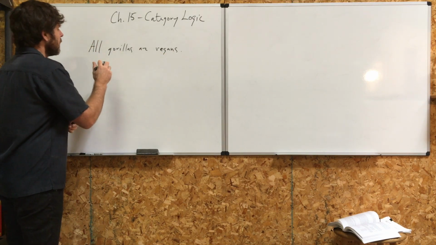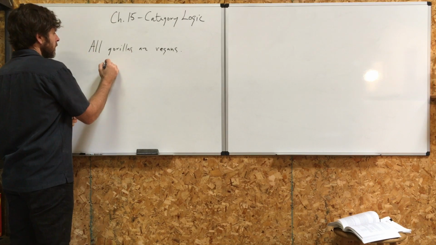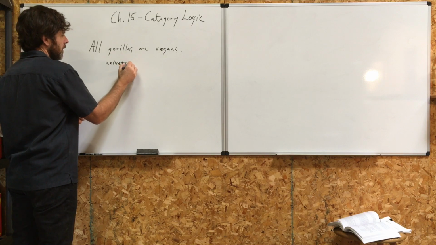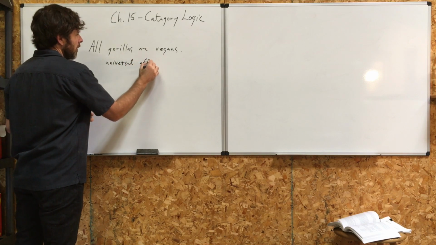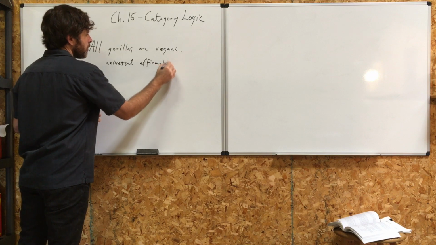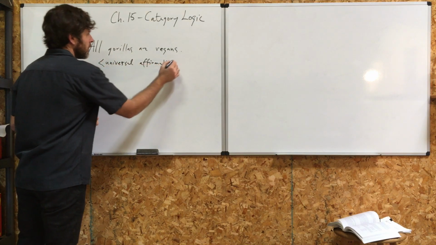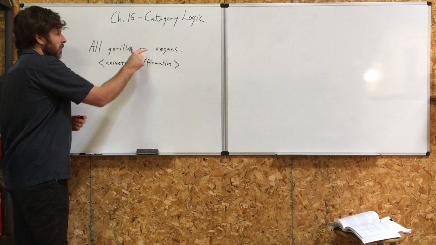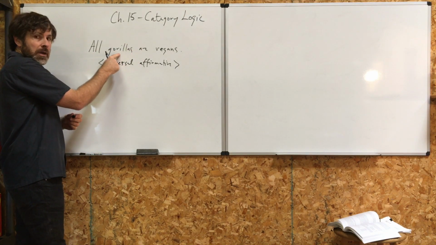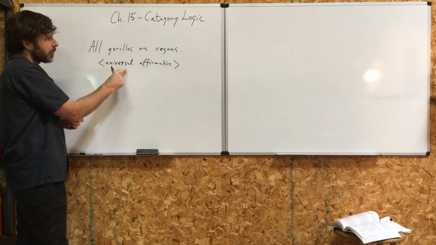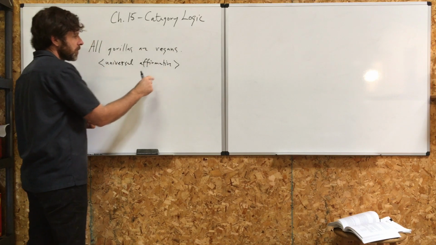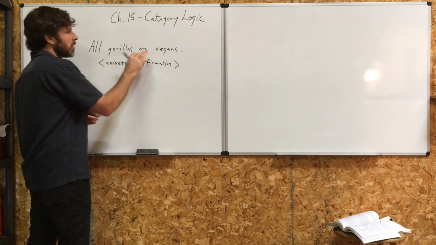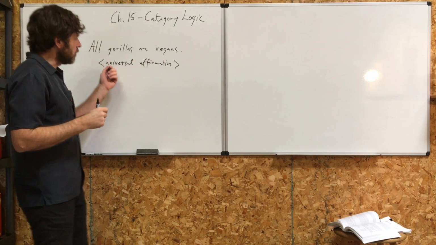All right. Aristotle calls this, and I mean, this makes sense, it is a universal affirmative statement. Why? Universal means that it talks about every member of the subject term. Affirmative means it's inclusionary, right? Every member of this class is included in this class. So, universal affirmative.